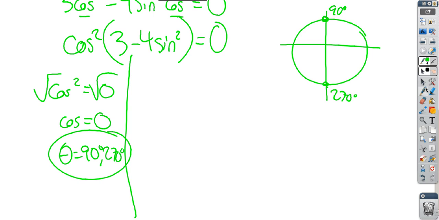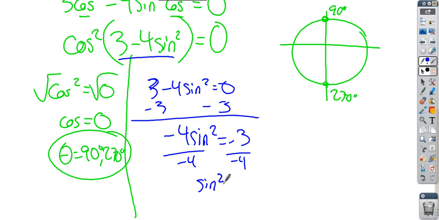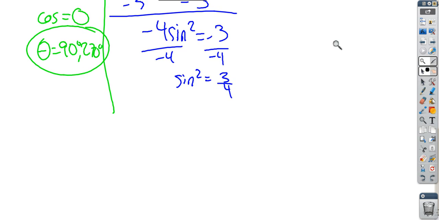And then what about the second part? So the second part is if we set this equal to 0, 3 minus 4 sine squared equals 0. We'll subtract 3 from both sides, and then we will divide both sides by -4. So we get sine squared equals 3 over 4. And then how do we isolate the sine?